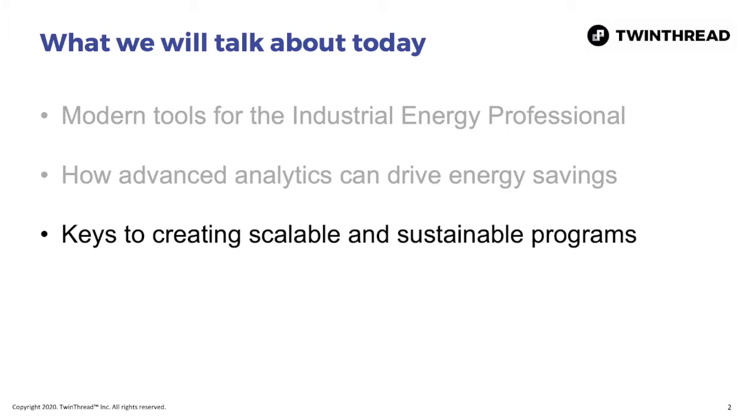The last is just some pointers from our perspective on how you create a sustainable and scalable program. As Carson mentioned, I spent a number of years with General Electric, and it was certainly General Electric's mantra to not just drive a 2% savings or 5% savings this year, but the expectation is to continuously drive incremental savings year after year after year.